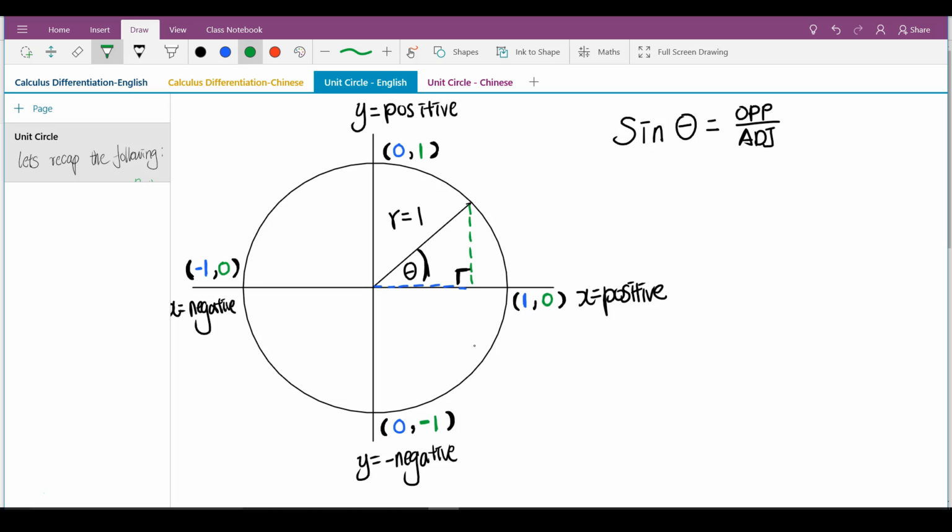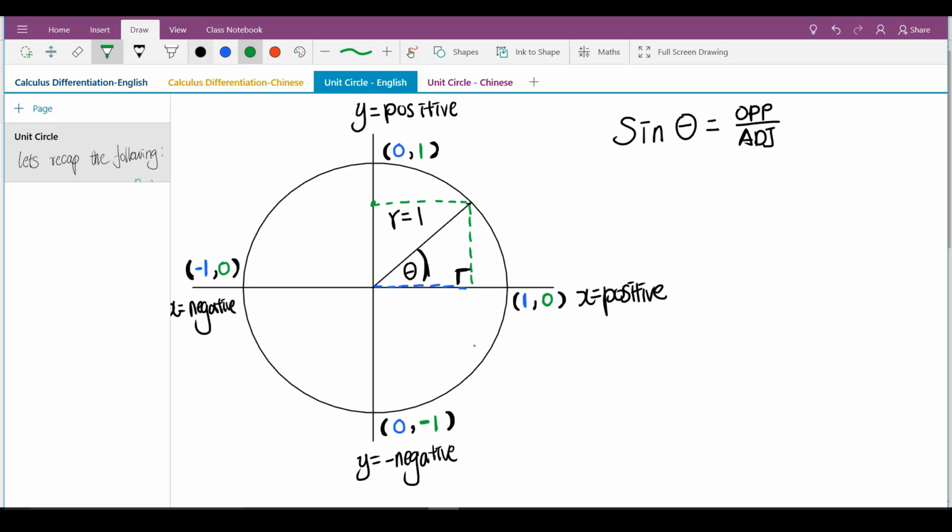Take a while to think about it. The opposite side with respect to the angle is just the height of that line, which is just the y coordinate, literally here.